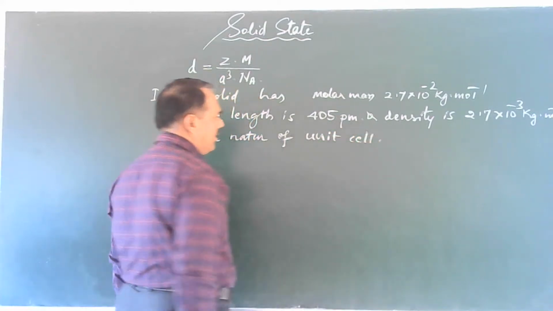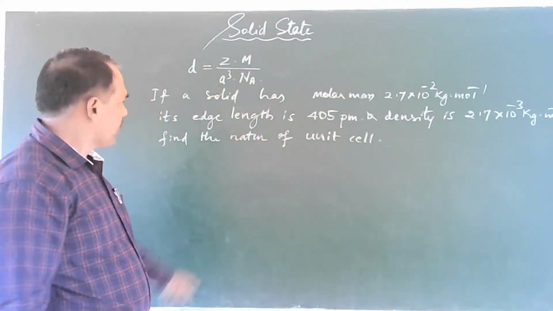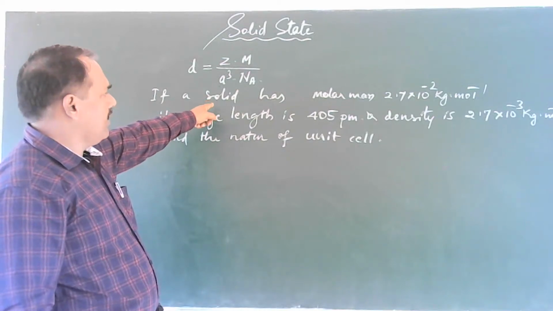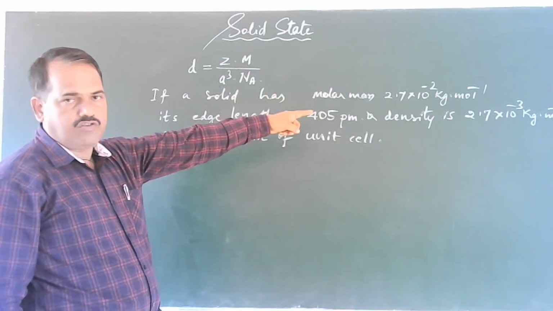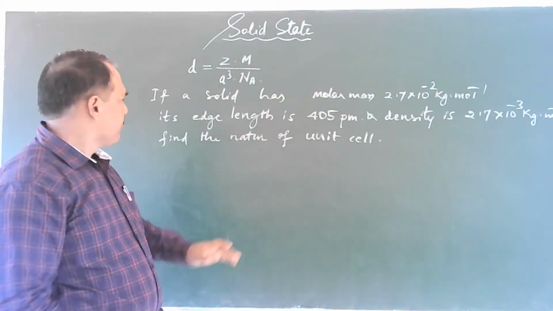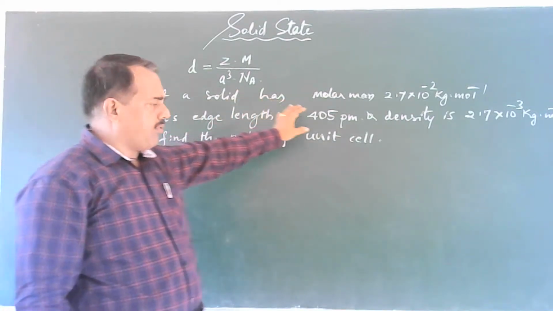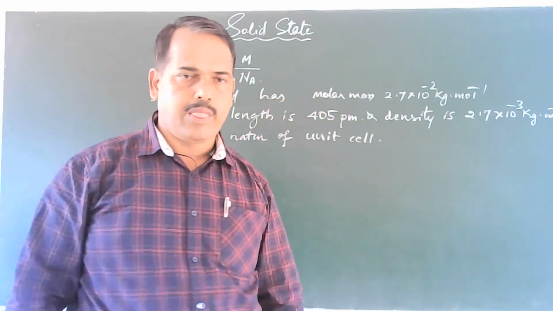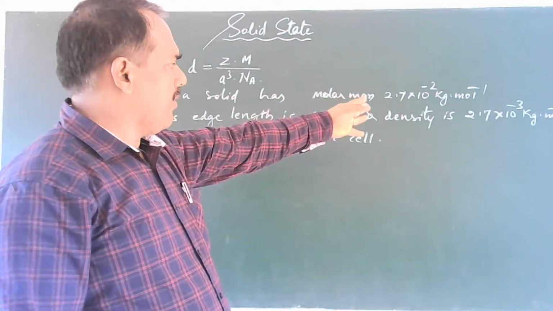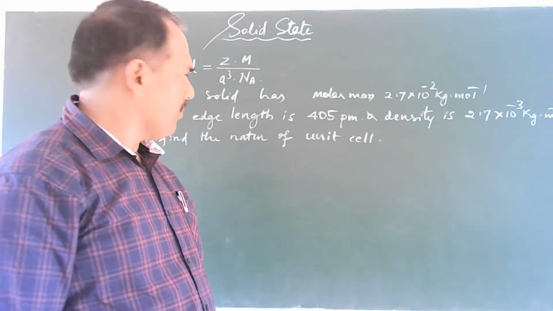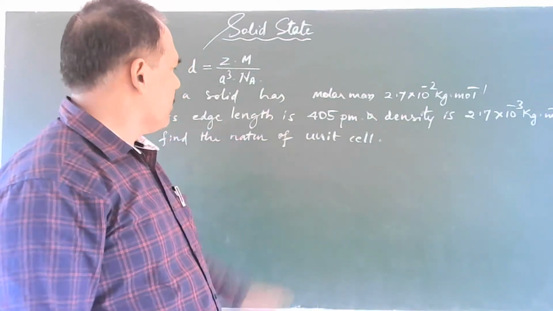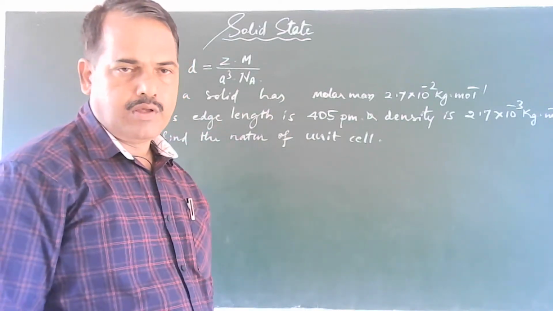See, this indicates that a solid has a molar mass of 2.7 × 10^-2 kg per mole and an edge length of 405 picometer. Density is given as 2.7 × 10^3 kg per meter cube, and we have to find the nature of the unit cell.